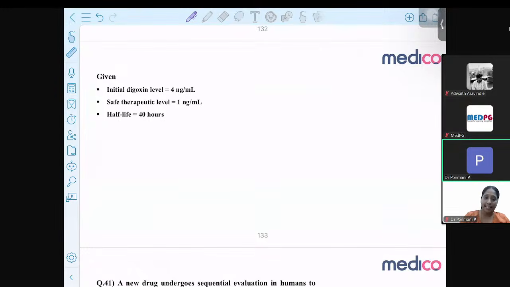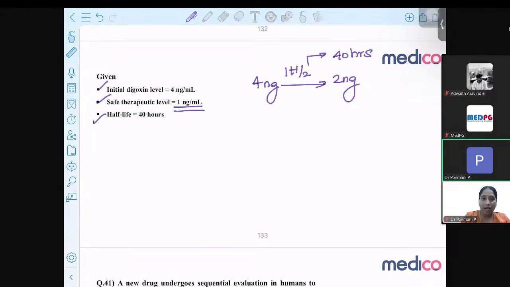So as you can see, the initial concentration is 4 nanogram. The safe therapeutic level is 1 nanogram, and the half-life is 40 hours, right? That means for 4 nanogram to become 2 nanogram, it takes how many half-lives? 1 half-life. What is 1 half-life? 40 hours. But what is our therapeutic level? 1 nanogram.